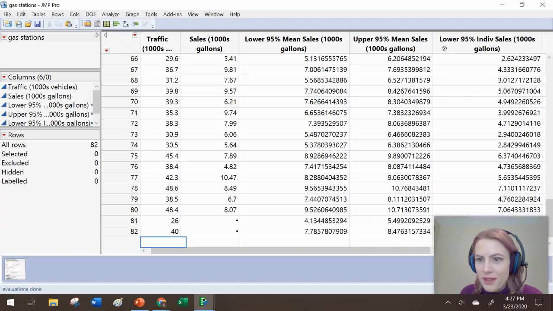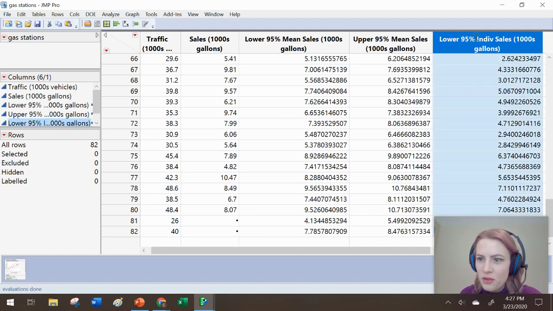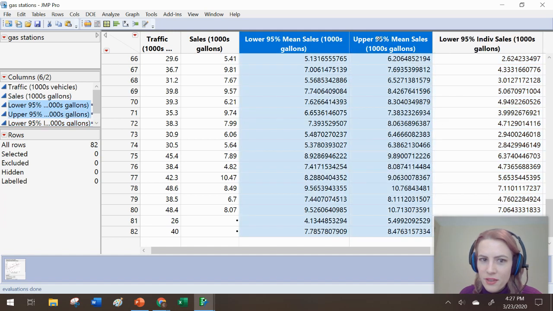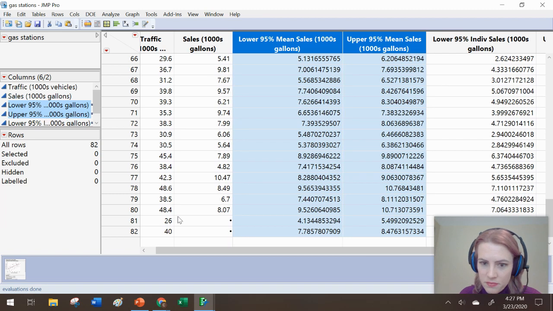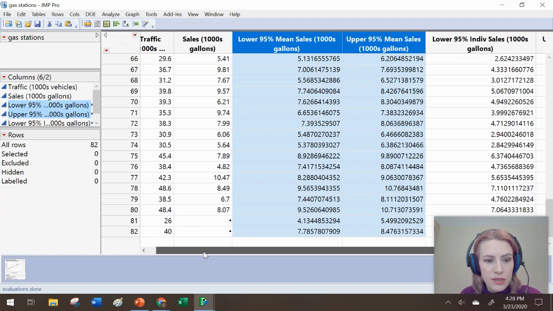All right, so we're getting a lot of columns here, so just pay attention to what they're titled. So the first two that we added in were for the mean. So they say mean right there in the title. I'm going to ignore those for now and scroll over to the individuals. And notice the 26 and the 40 that I put in earlier are still there. So I don't need to enter them again.